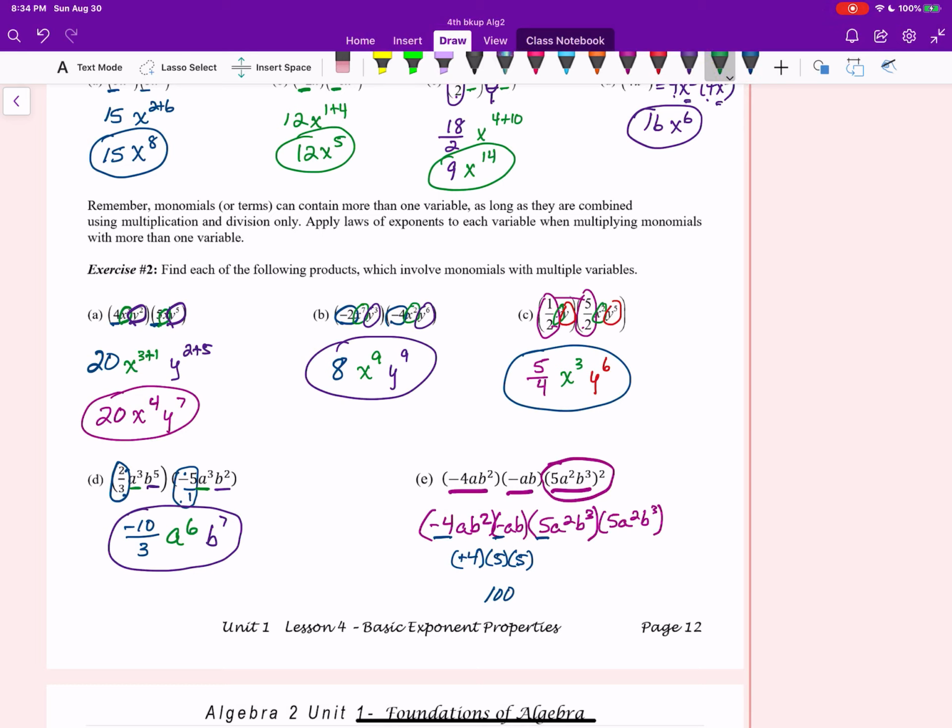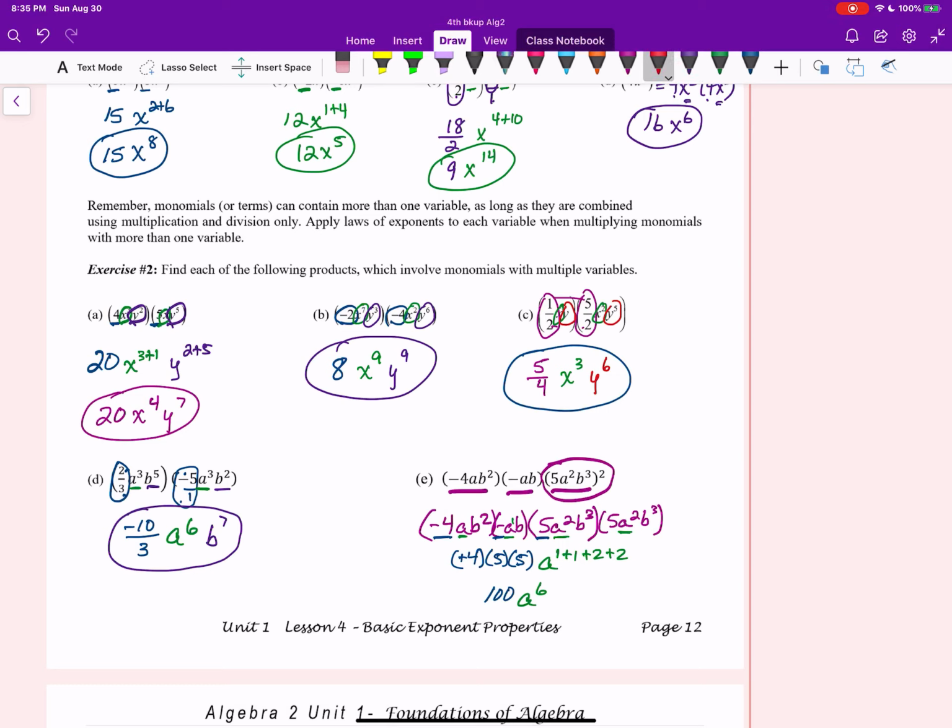Next, same variable base. Let's go with a to the first times a to the first times a to the second times a to the second. Let me write this as a to the 1 plus 1 plus 2 plus 2. That is a to the sixth.